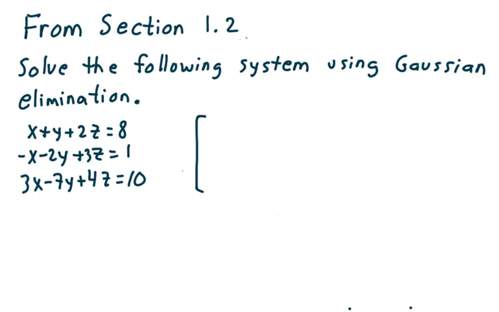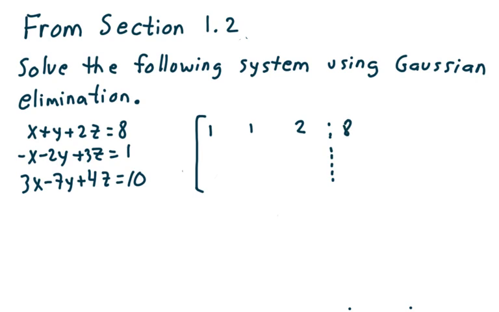So in the first row, we're going to get 1, 1, 2. Notice the coefficient of x is 1 in the first equation. The coefficient of y is 1 in the first equation. Coefficient of z is 2. And then I'm going to tack on an 8 at the end.